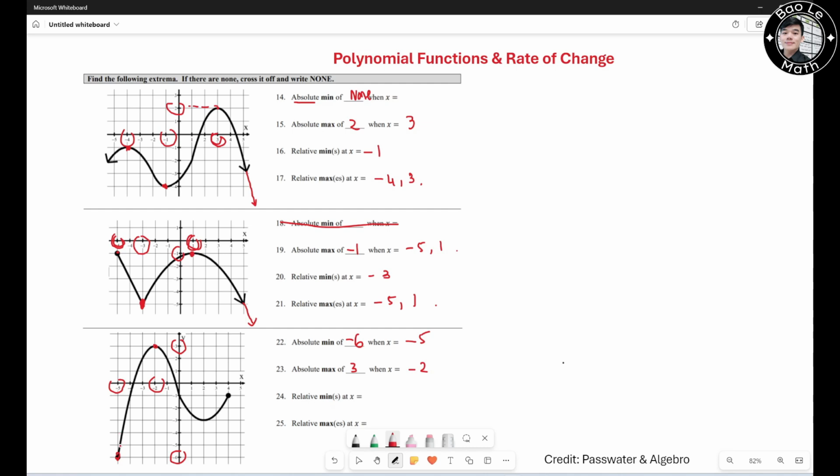Relative minimum is going to be this one and this one right here. It's going to be -5 and 2. Relative maximum is going to be this one right here, -2, and this one right here is going to be 4.